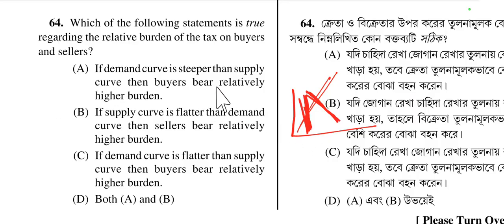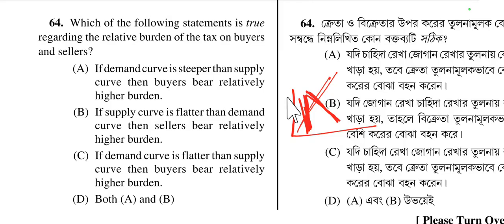If the demand curve is steeper than the supply curve, then buyers bear a relatively higher burden. No, wait, this is because if the demand curve is steeper, meaning more inelastic than the supply curve, then buyers bear a relatively higher burden of tax. Here buyers bear a higher burden of tax.